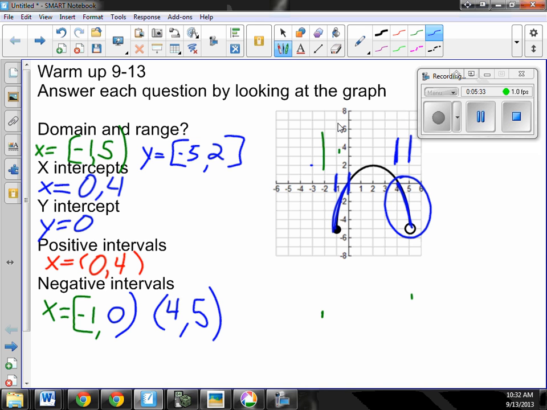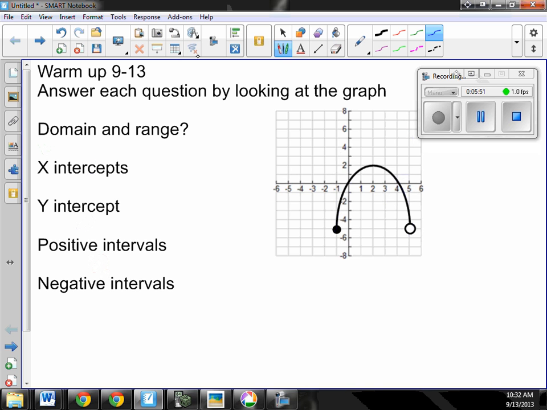Today, we're going to go one step further, and instead of looking at positive intervals and negative intervals, we're going to look at increasing intervals and decreasing intervals. Okay? So let me show you what that's like. Let's imagine that I was traveling from the left side of my graph to the right side of my graph.